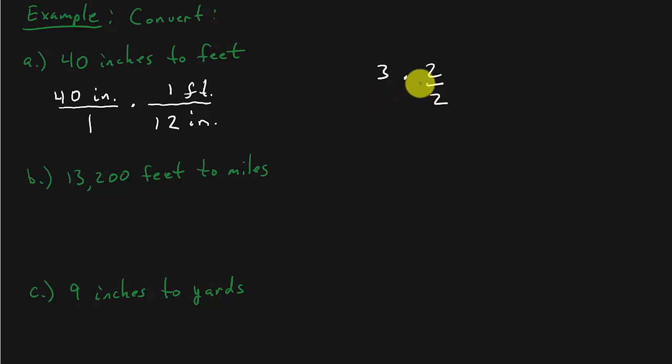It doesn't change anything. And that's really what we're doing here, because if I multiply by 1 foot over 1 foot, that's multiplying by 1. But I know that 1 foot is the same thing as 12 inches. And so now we can see that inches cancel.